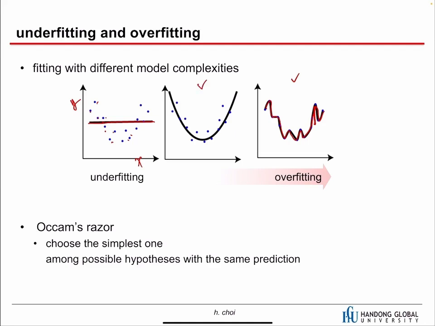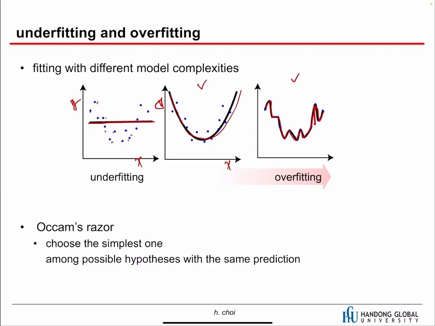And this one is better than the other two models because the model is smooth and it can capture the important relationship between x and y. So when we define a model, then it could be underfitting, or it could be overfitting, or it could be in the middle of these two extreme cases.